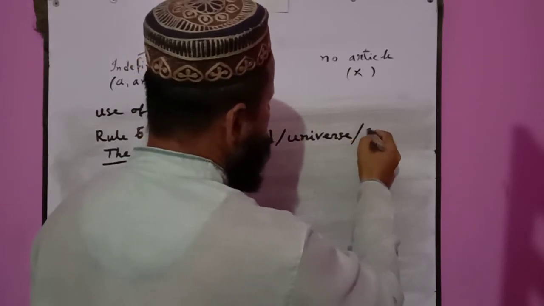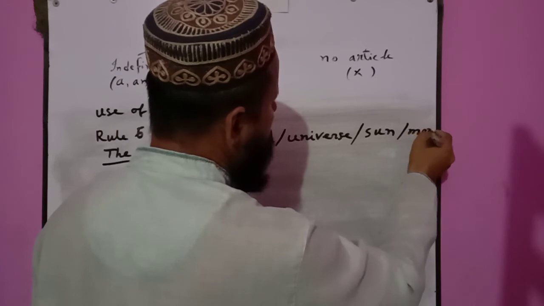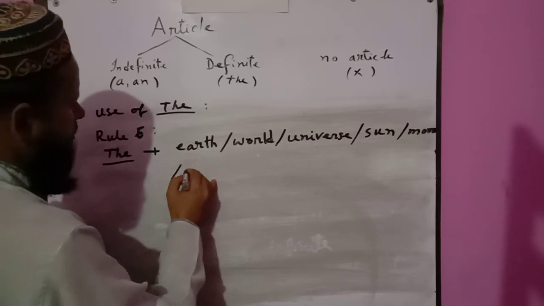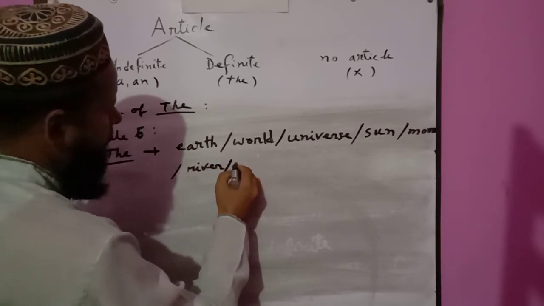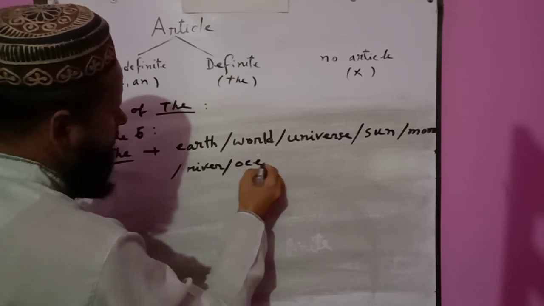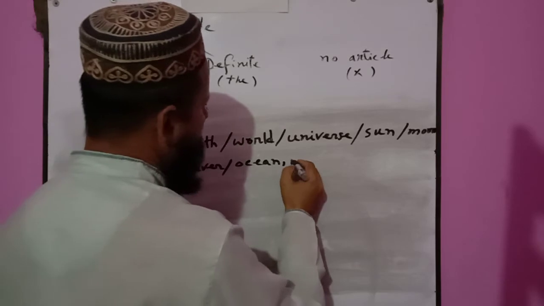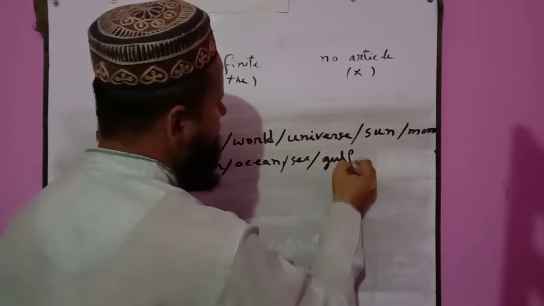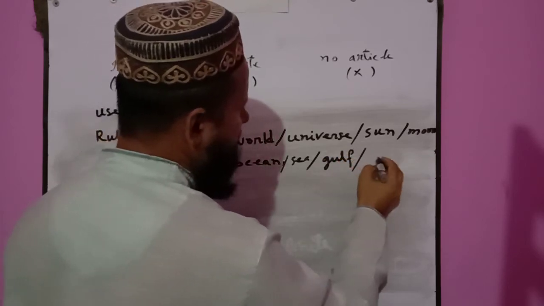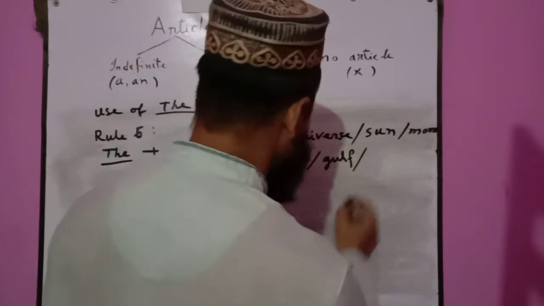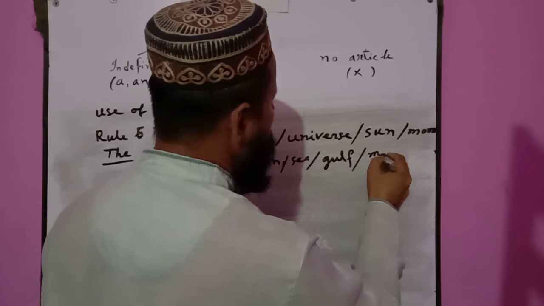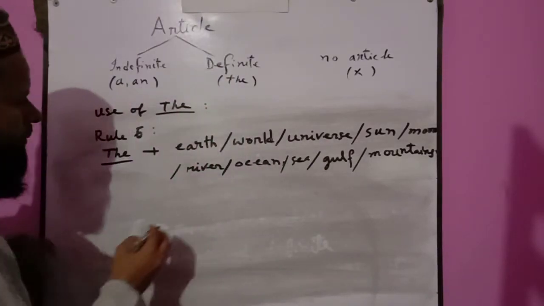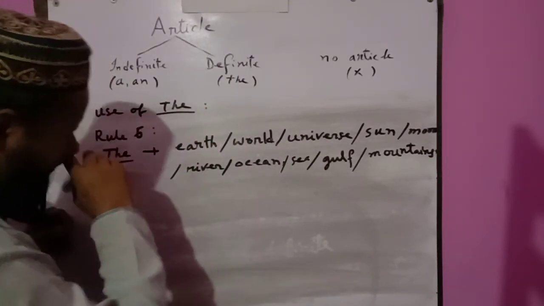Universe or sun or moon. Or river or ocean or sea or gulf. Or mountain. Then religious book.